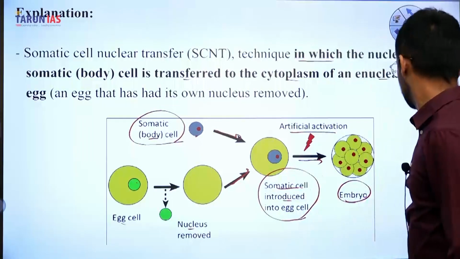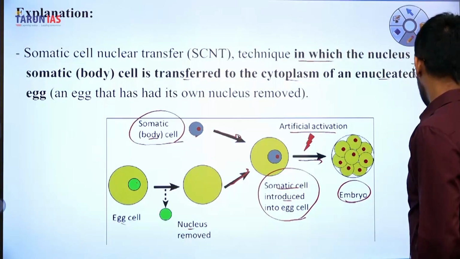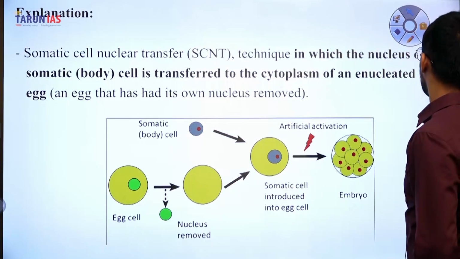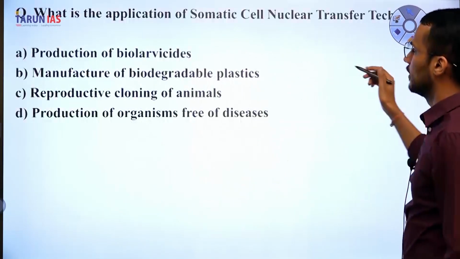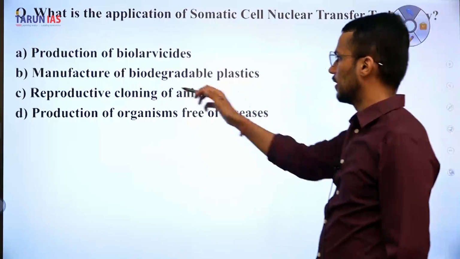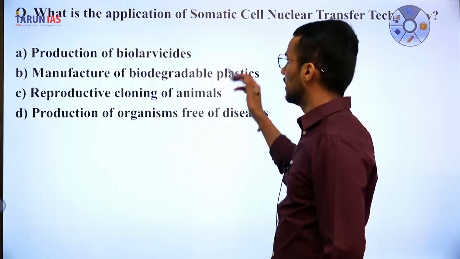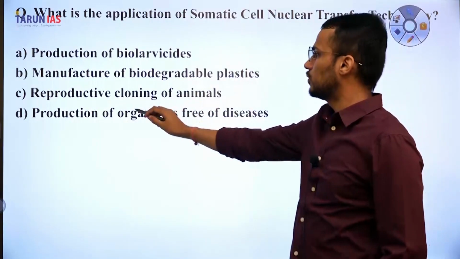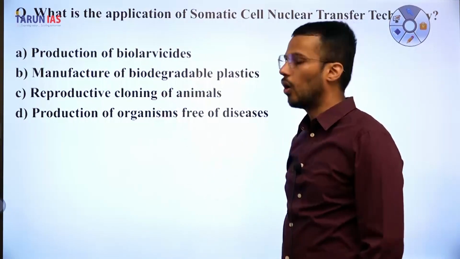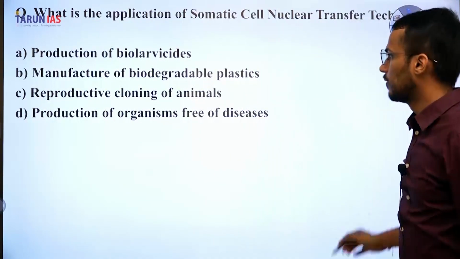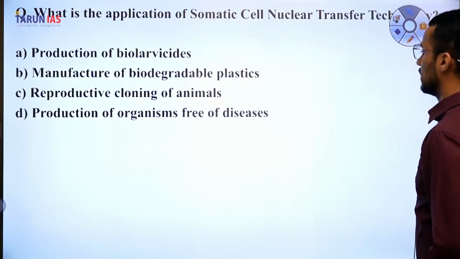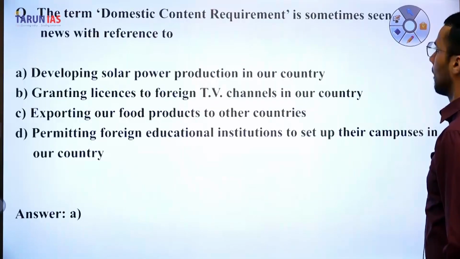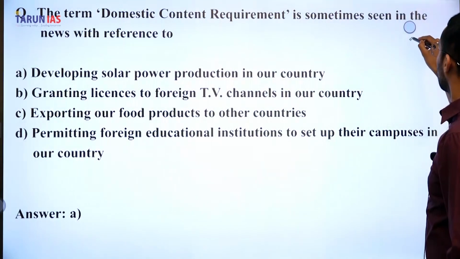That is somatic cell nuclear transfer technology, which is mentioned in option C. So with the help of this technology, we will be able to carry out reproductive cloning of animals, right? So answer for this question is C. Next question now.